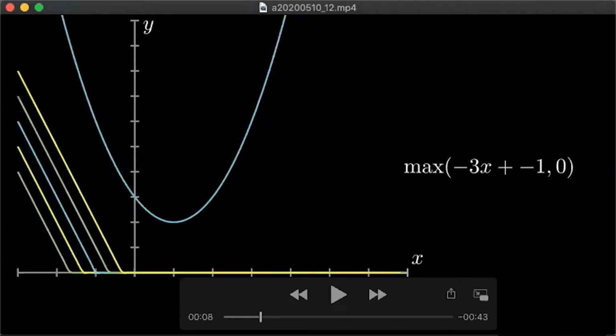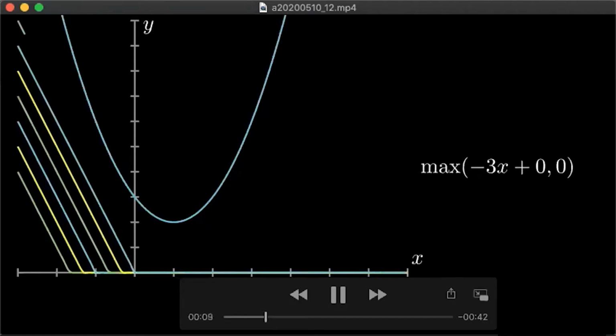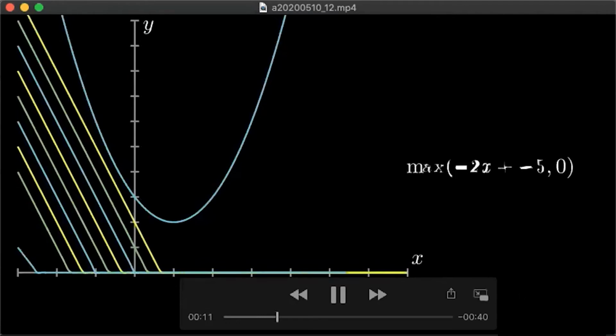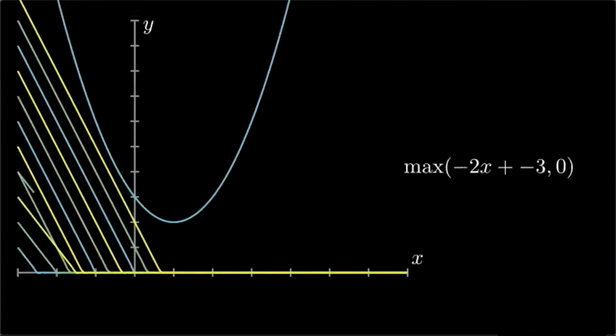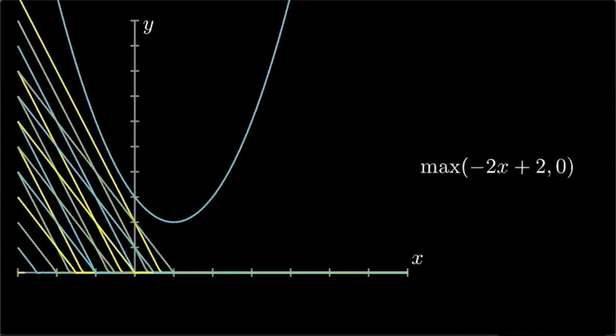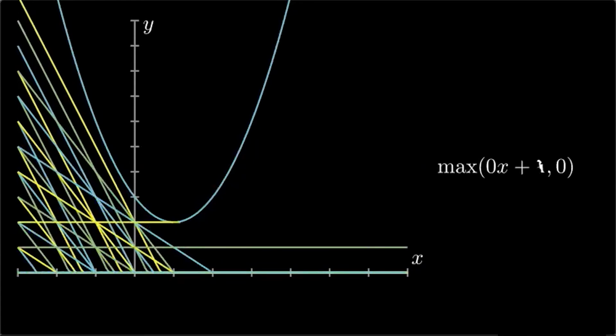But as we change our -3 and -1 here, we can have many different shapes of the linear lines. So let's keep watching. Now we change the slope. Some parts are not shown in the graph, especially when the weight is 0.